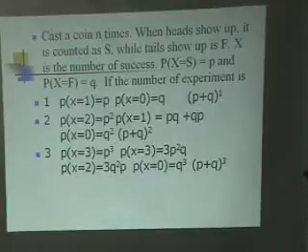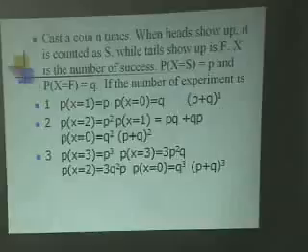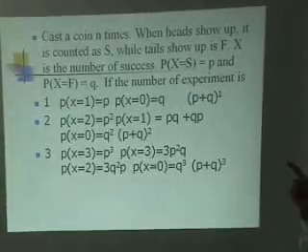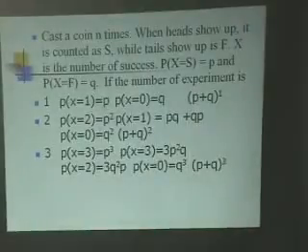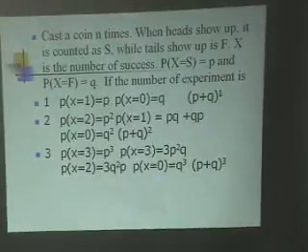Because there are only two possibilities, right? First, P must be greater than or equal to 0, Q must be greater than or equal to 0, and both must be less than or equal to 1. And what about the other relations?